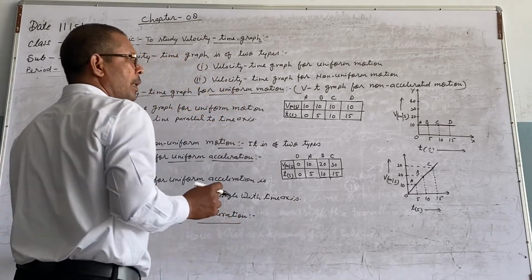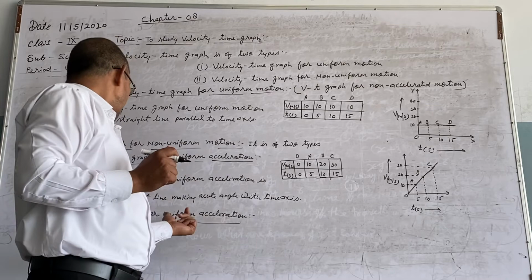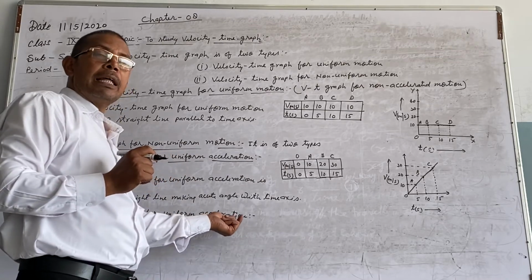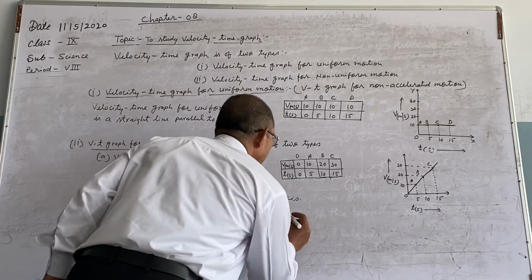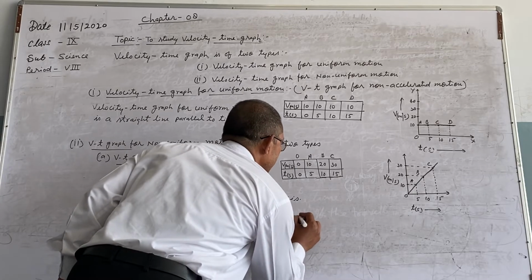That is here, you may say that velocity time graph for variable acceleration. Take a data here in this regard.